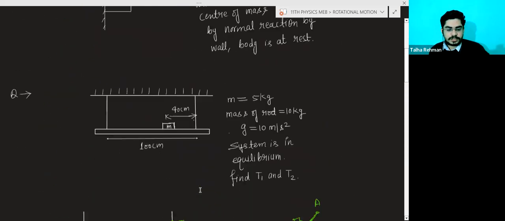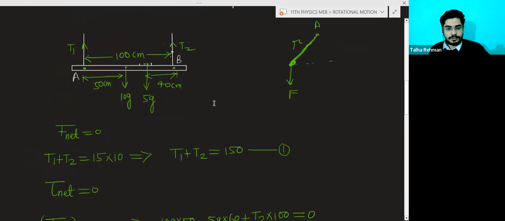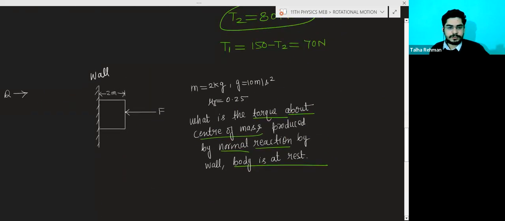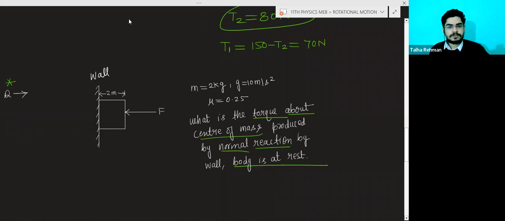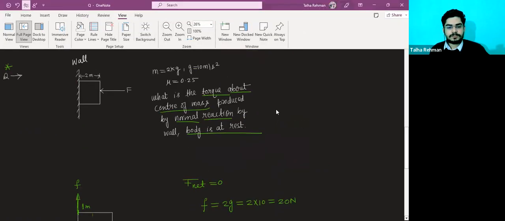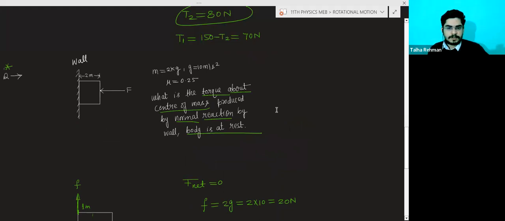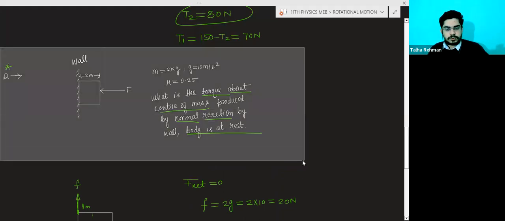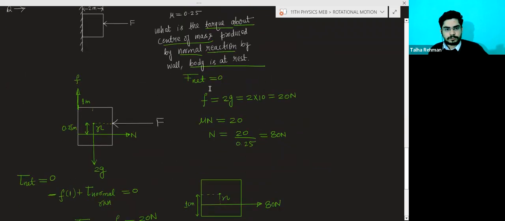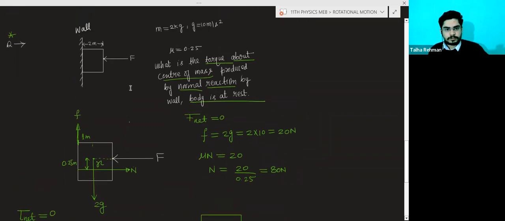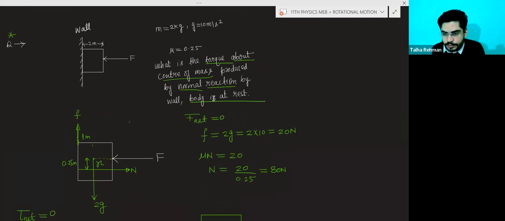Now you can note down this question, and this question is quite good, I will say. It is given that the body is at rest, which means the body is in equilibrium, so net torque and net force are equal to 0.